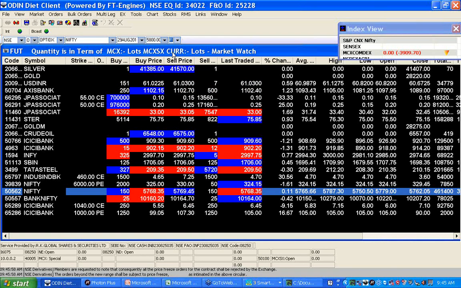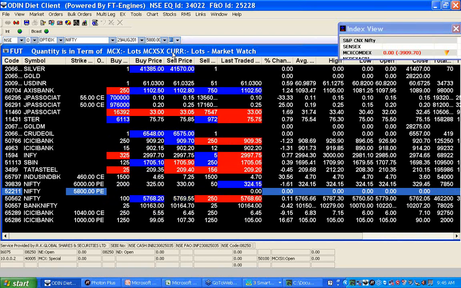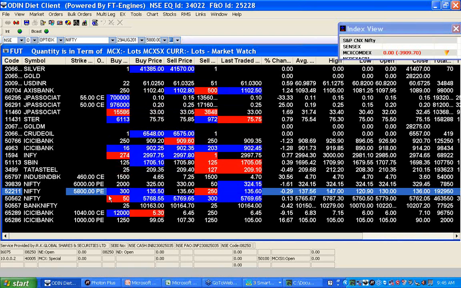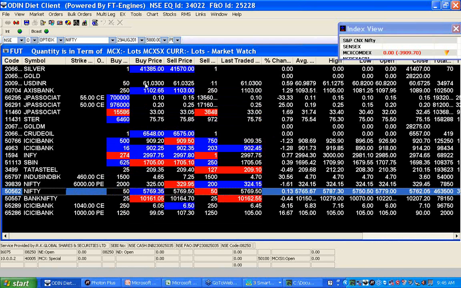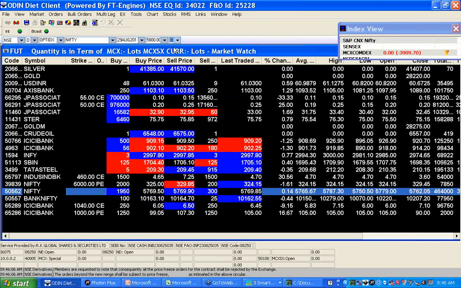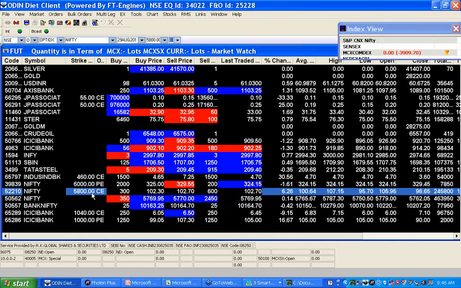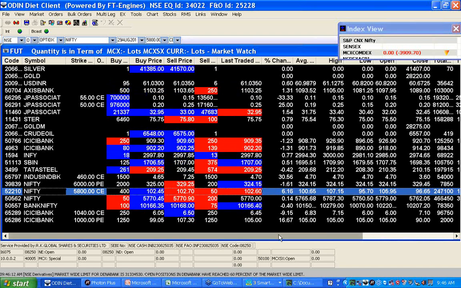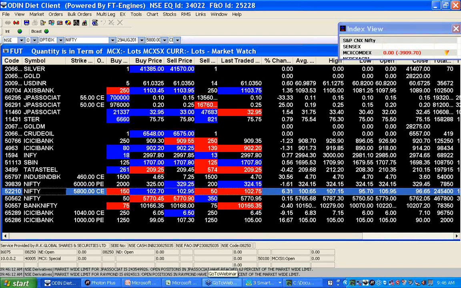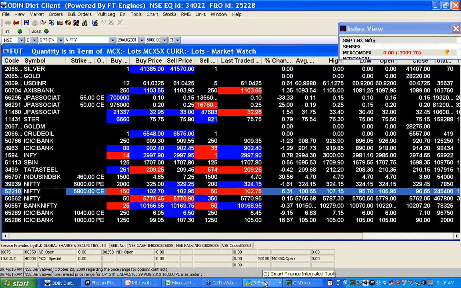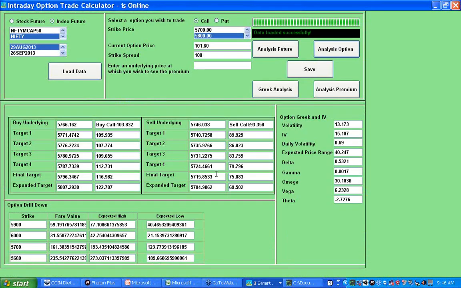I'll tell you many tricks. If stop loss is a fear factor for you, you can think of applying a small trick. So now Nifty is in the buying level, and also the 5800 call option is at your buying level, 103, 104 level it is quoting.